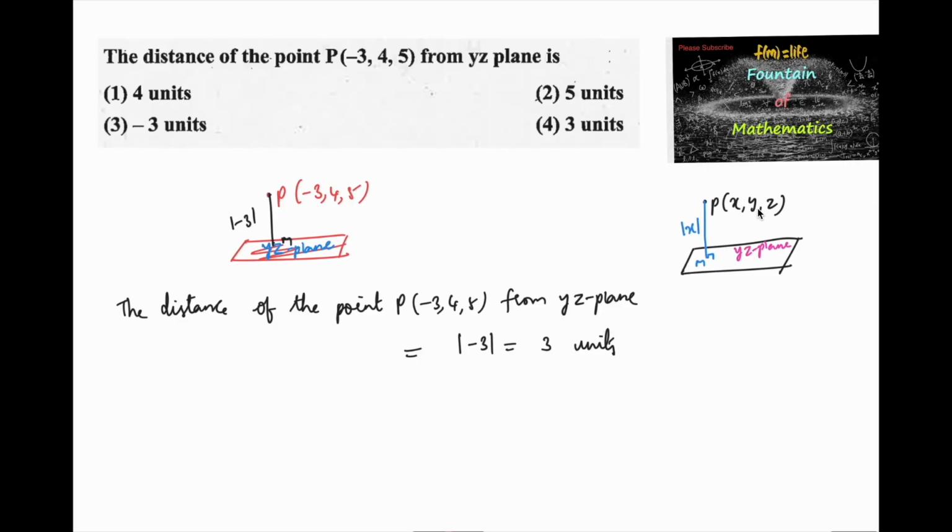The distance from a point to the xy plane is mod z, and the distance from a point to the zx plane is mod y. So here for the x coordinate we have to apply the mod because distance cannot be negative, so 3 units, which is our option 4.